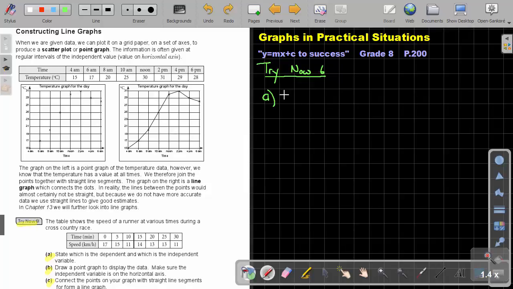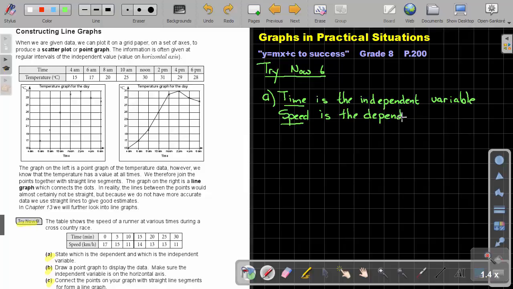The time is usually the one on the x-axis, so it is the independent variable. Then the speed is the dependent variable, because it depends on the time.